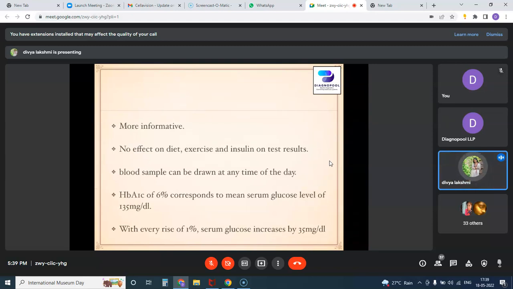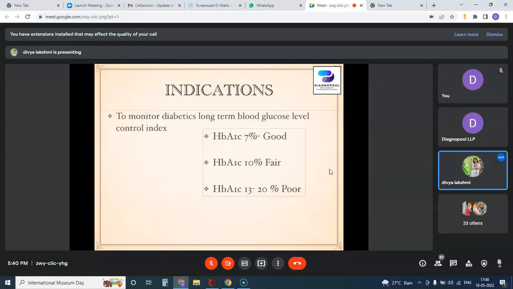So this HbA1c is more informative, as any diet, exercise, or insulin will not affect the test results. And an HbA1c of 6% will correspond to 135 milligrams of blood sugar. So anybody who is having more than 6.5%, we will term them as diabetes.